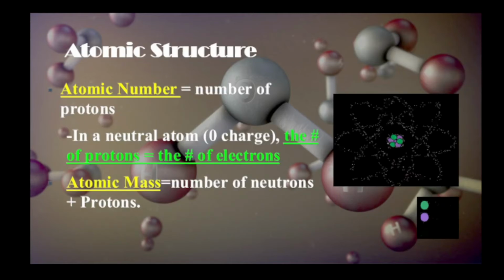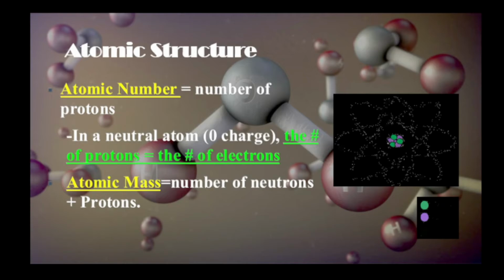So we have what we call the atomic number, and the atomic number is equal to the number of protons. What does it mean? For example, hydrogen. There is only one proton in that particular element, but there are different neutrons.